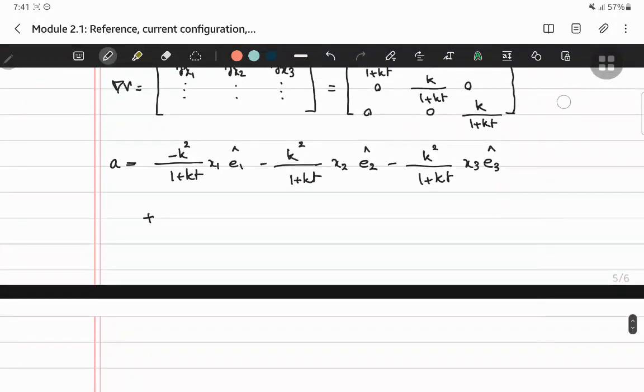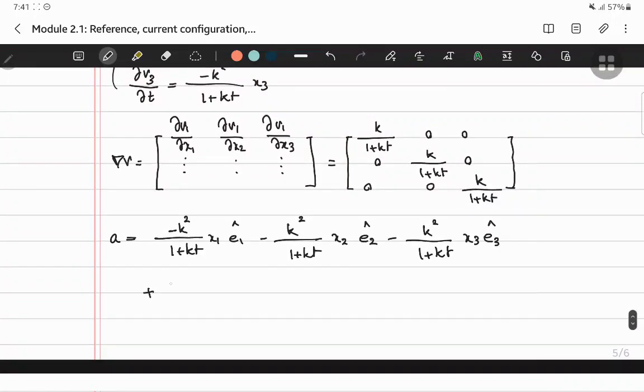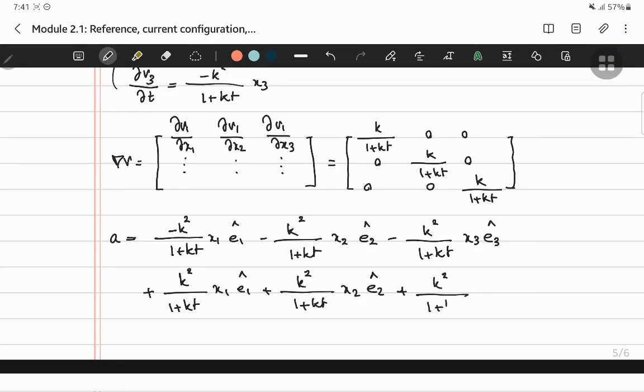If I multiply them with this, I get a vector like k squared over 1 plus kt x1 e1, plus k squared divided by 1 plus kt x2 e2, plus k squared divided by 1 plus kt x3 e3. If you see here, you can cancel out all these terms together, so finally you get 0.